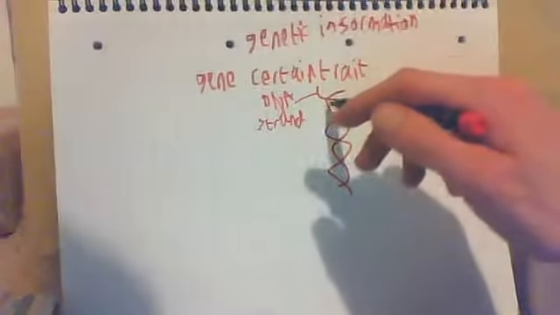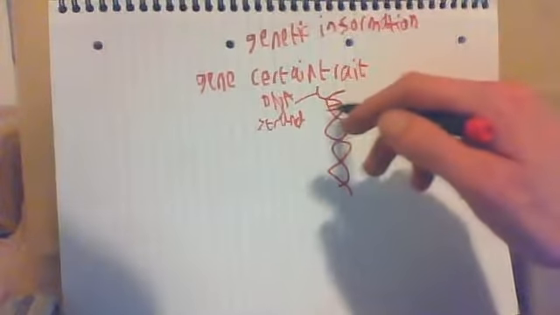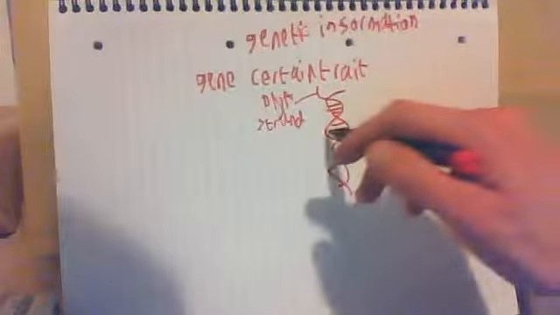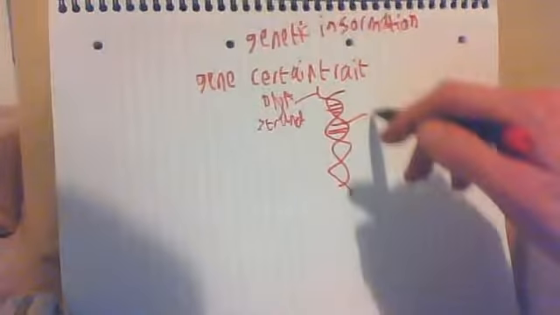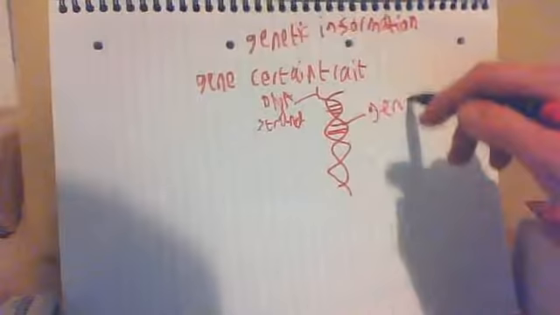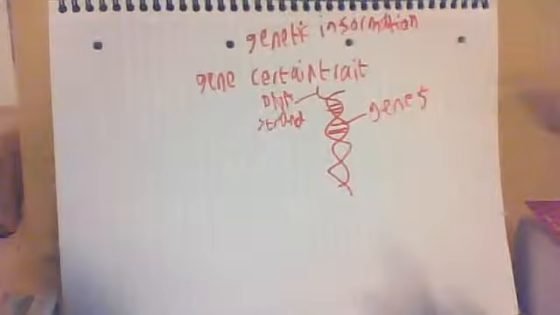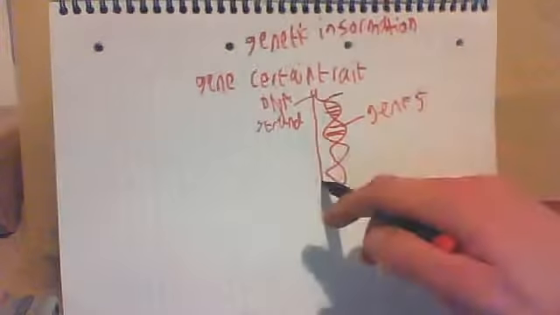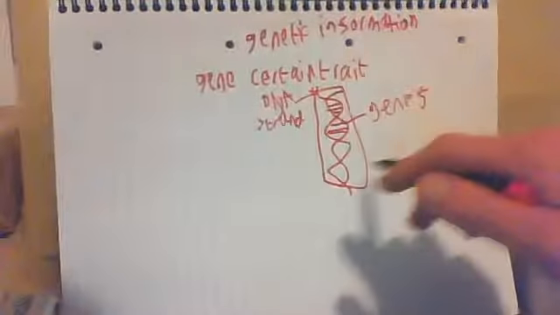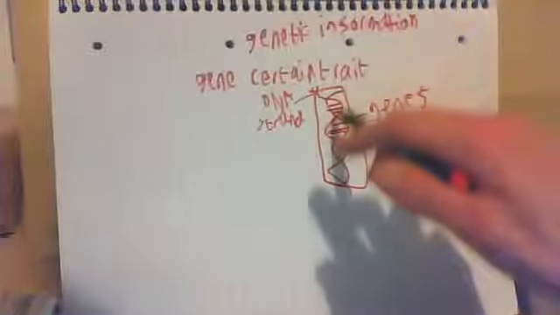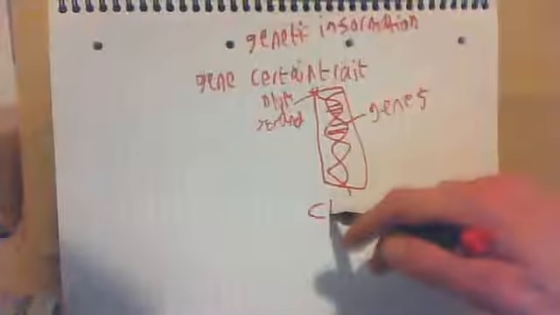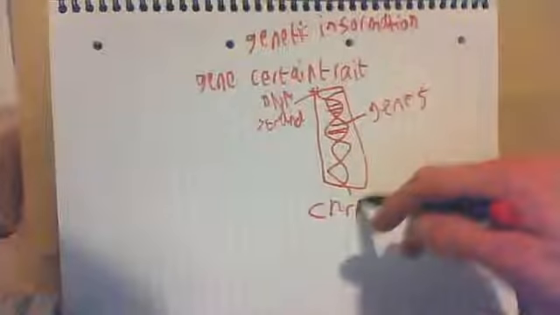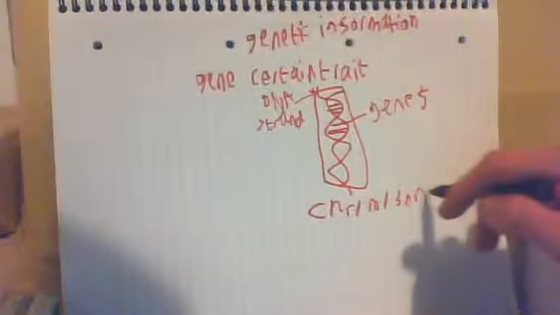It's this whole idea of this shape, and in between these bulges in the double helix are these little genetic strands called genes. And this whole structure here, which is made up of two strands of DNA, is known as a chromosome.